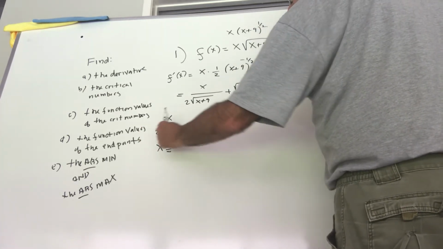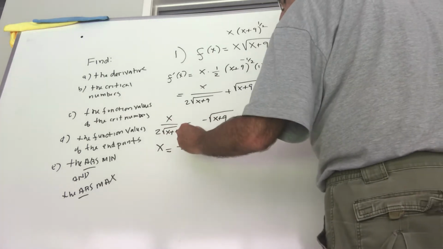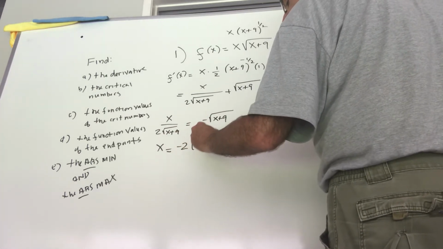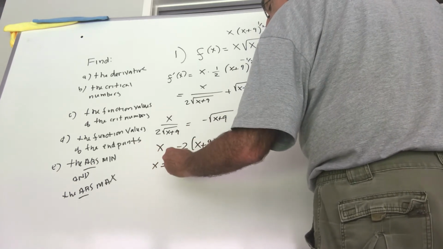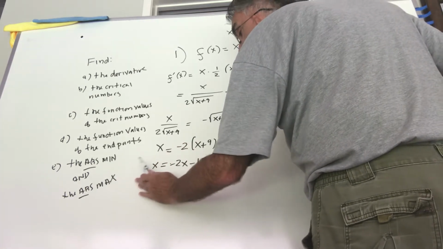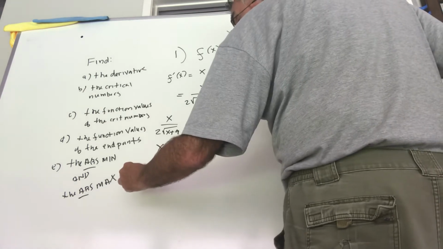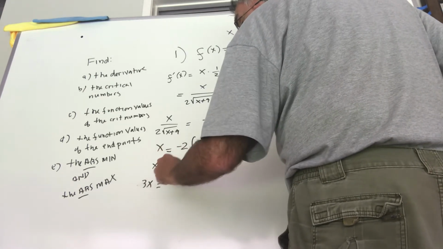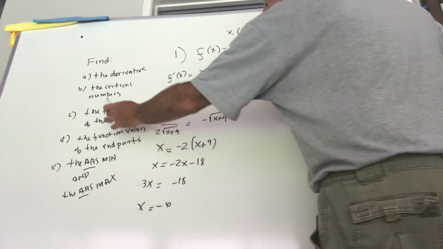Now, the negative times the 2 is -2, and then square root of something times the square root of something, the square root goes away. Oh, sorry. There's a lot of algebra here. We'll move that over to get 3x equals -18. And that is our critical number.